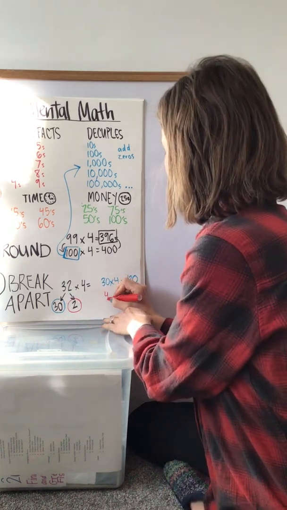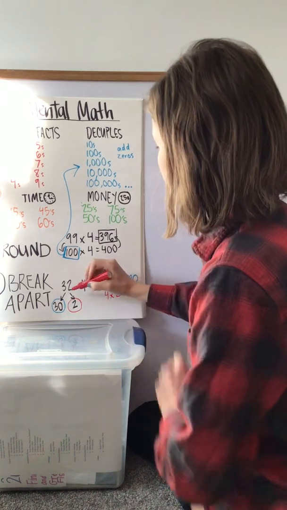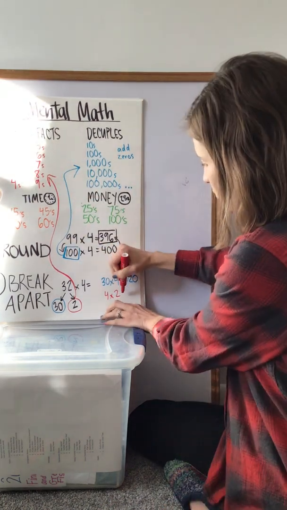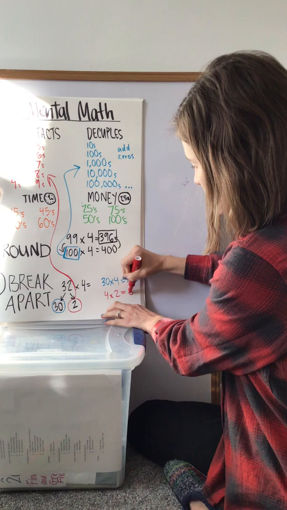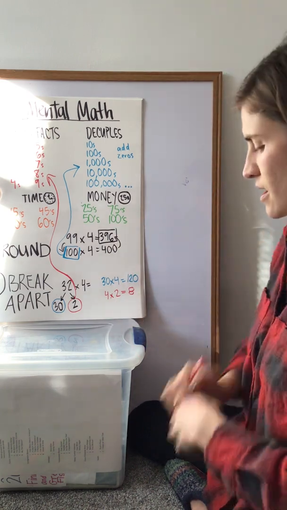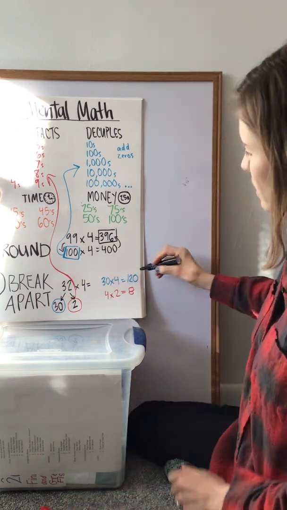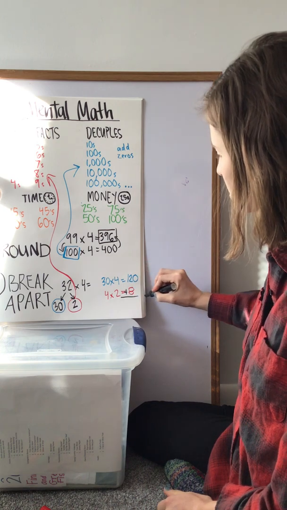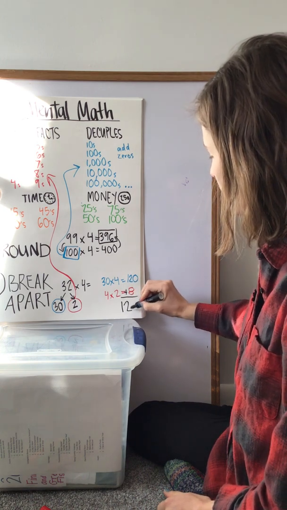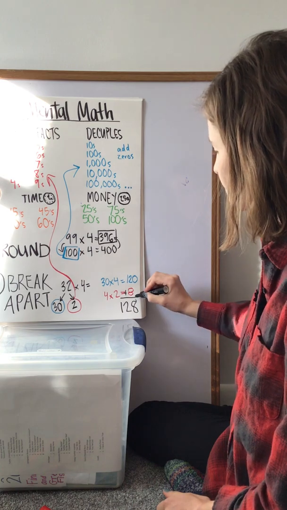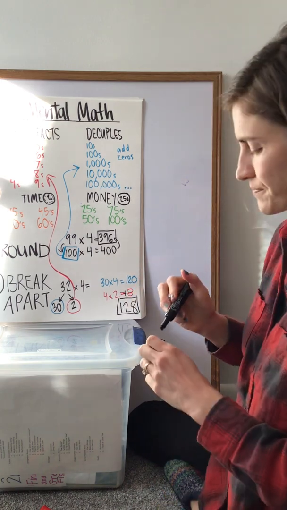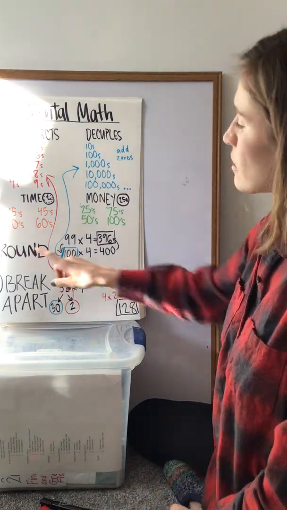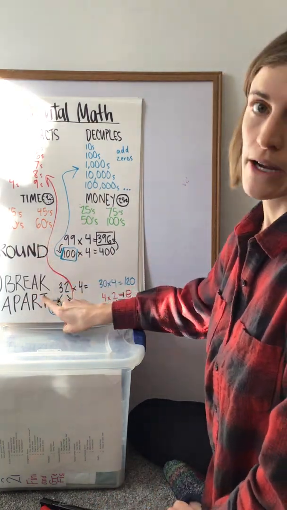That is just a basic fact, right? 4 times 2 equals 8. And if I bring these two answers together, 120 plus 8, I get 128. That is my answer. So these are your 2 strategies for mental math: rounding or breaking it apart.